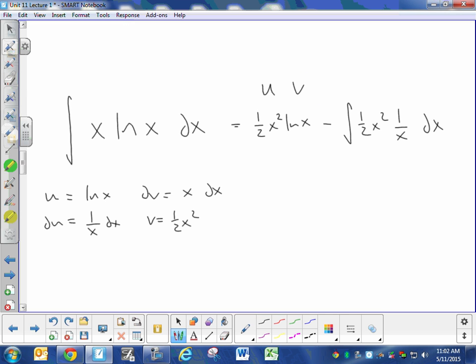u v minus the antiderivative of v du. This helps me this time around because that x and that x can cancel, giving me just 1/2 x.